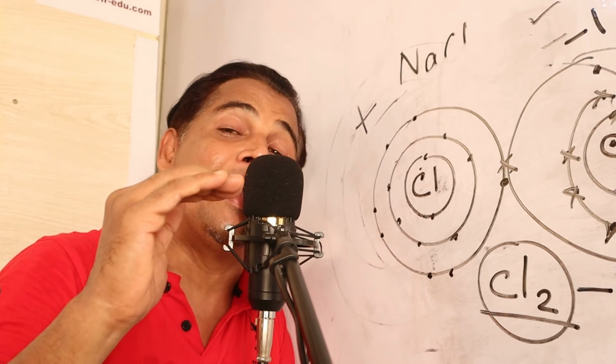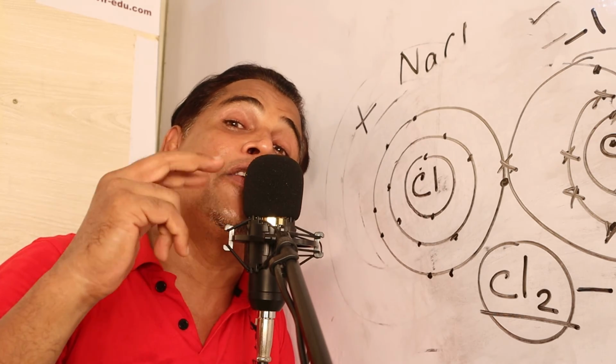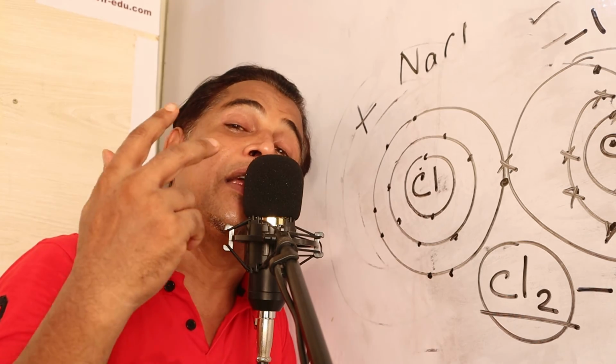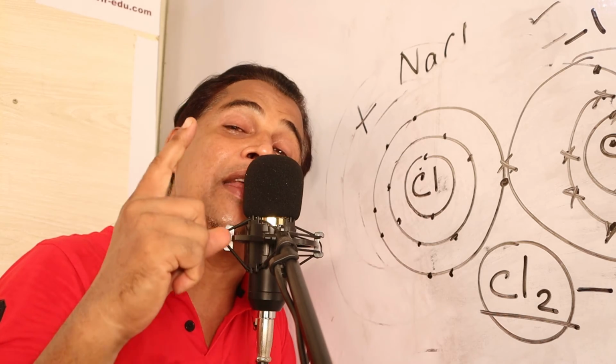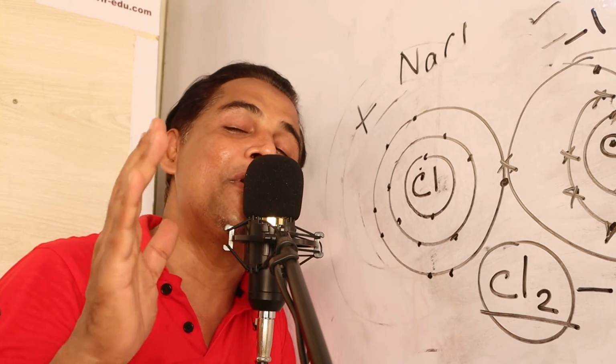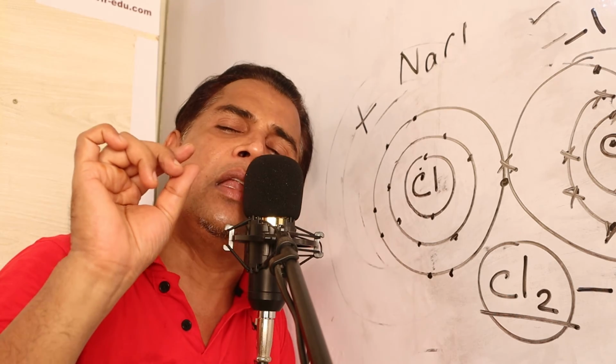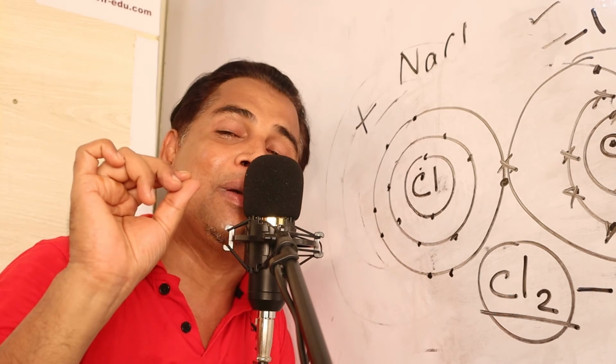A compound is also a material, but when different types of ingredients, elements, combine together, that is a compound. So element and compound are clear to every student, but only a small number of students understand molecules.